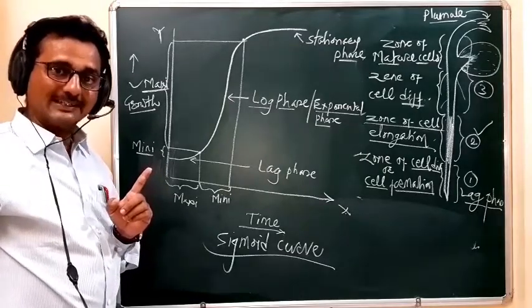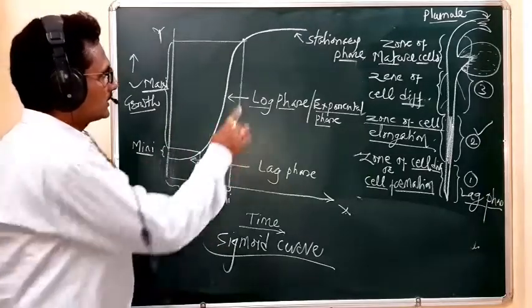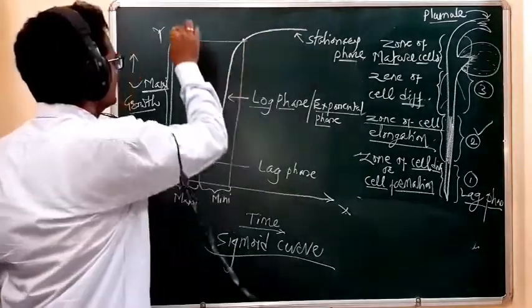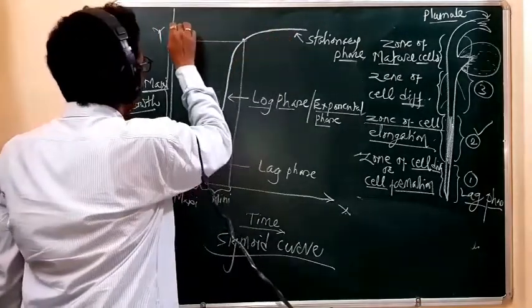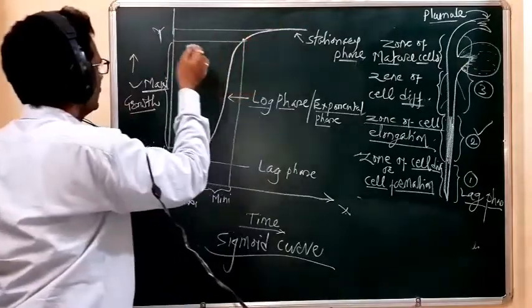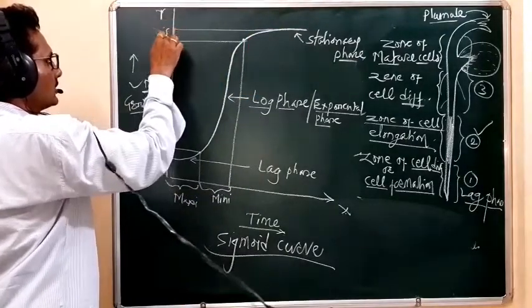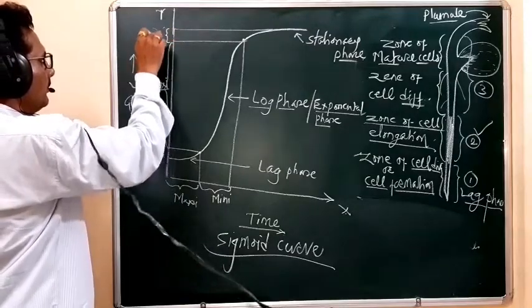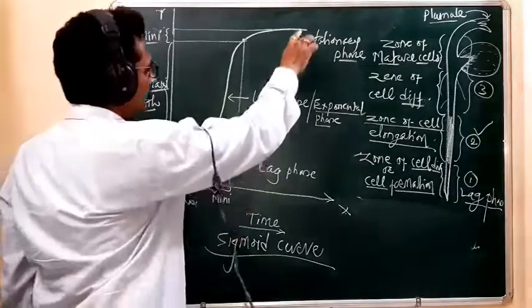Then the next phase is the stationary phase. In this stationary phase, remember, the growth is the very minimum growth.